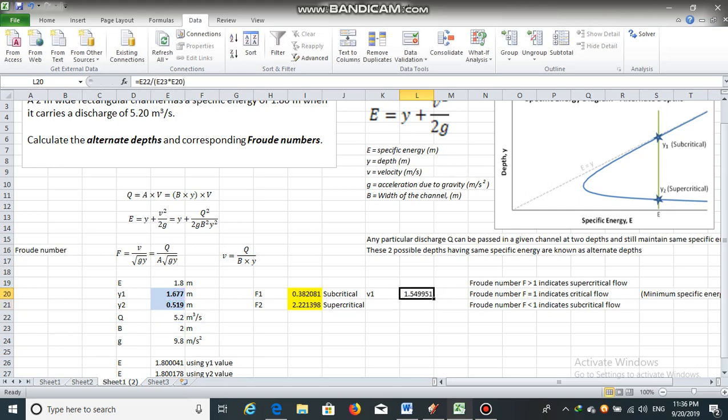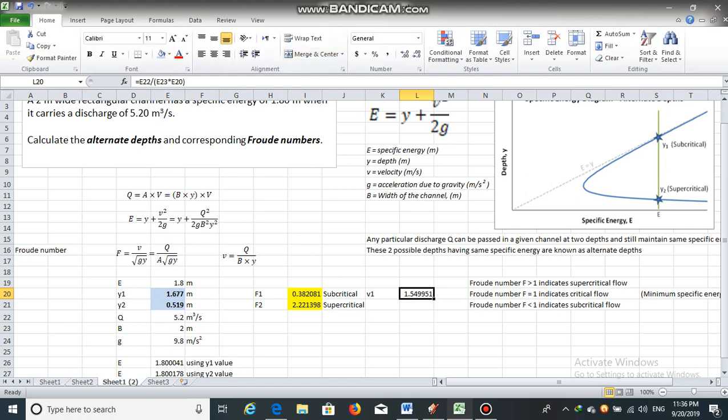So 1.55 meters per second. And this will have higher velocity: V2 is equal to Q by A, Q divided by B into Y2. So 5.01 meters per second.